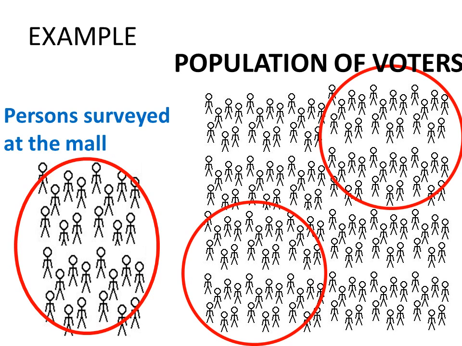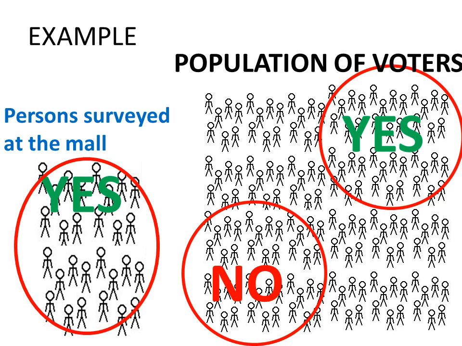If we think about persons who spend more time at a shopping mall, they may be more affluent. They may have more time to shop. So increasing the size of the biased sample does not reduce the amount of error due to bias.